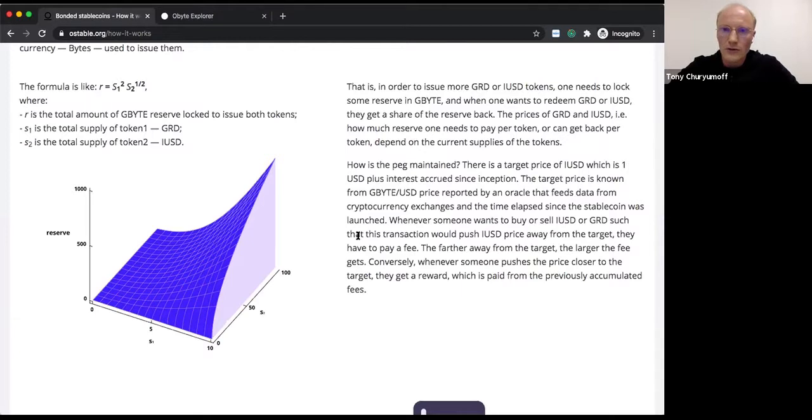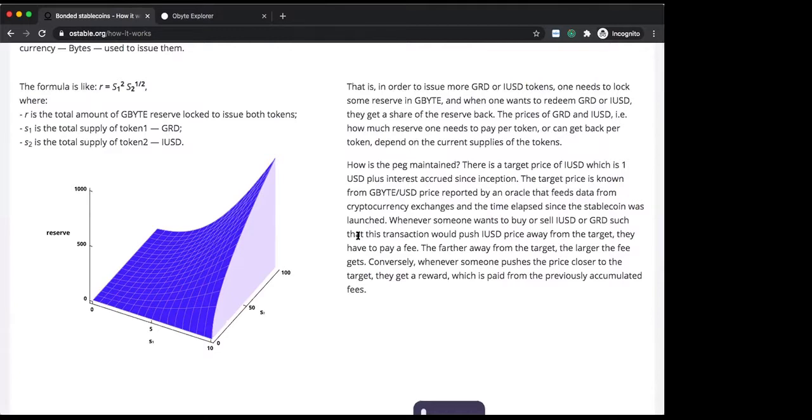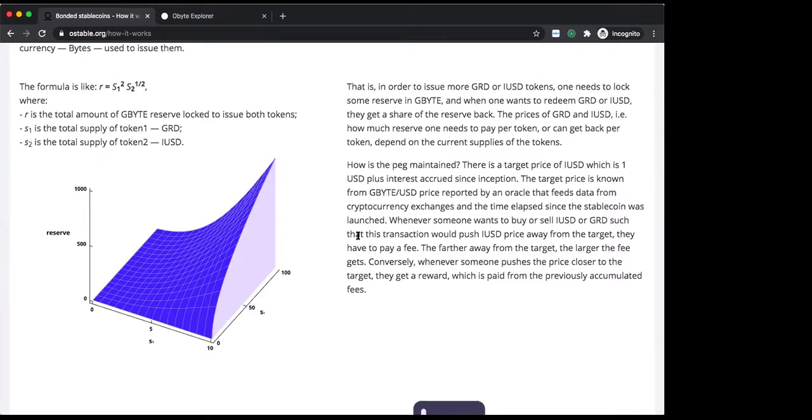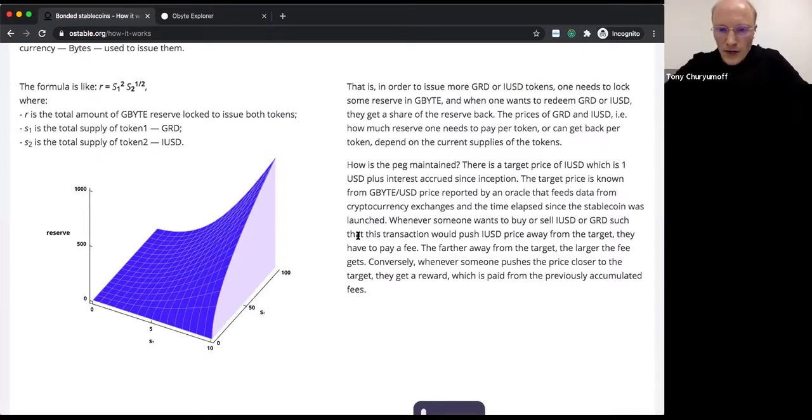So the holders of this governance token are interested in getting more people to issue those stable plus tokens. The stable plus tokens are not exactly stable. That's why they are stable plus.